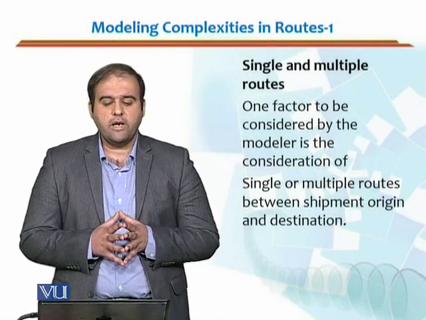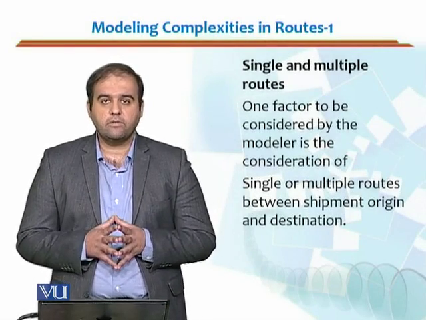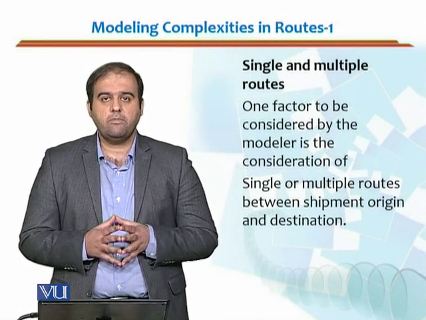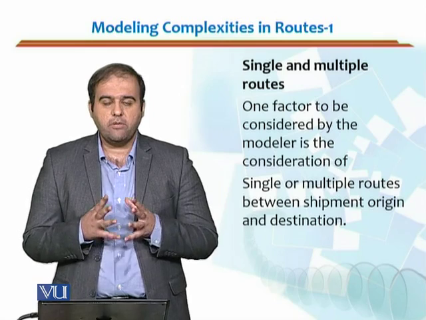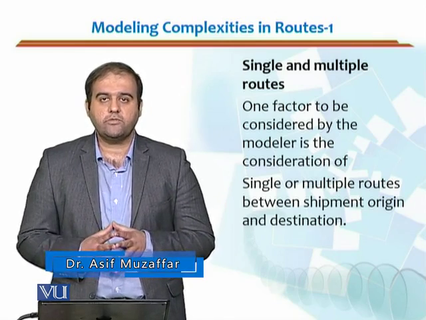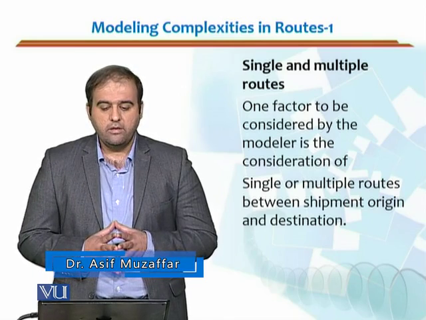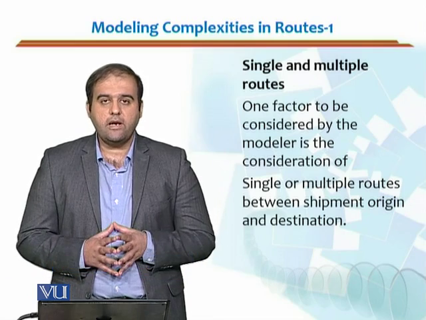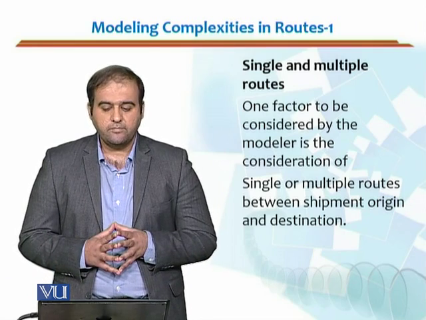Now let us look at some modeling complexities in routes. When we are talking about the modeling complexities, we are actually looking at the mathematical models or the analytical models for the routing. There could be a complexity of single and multiple routes.